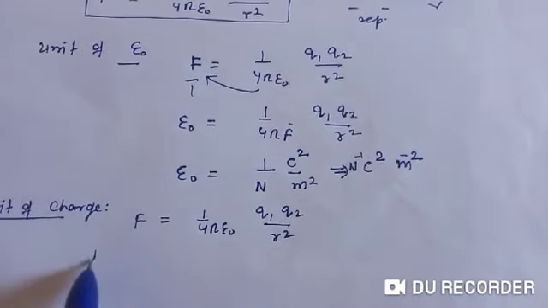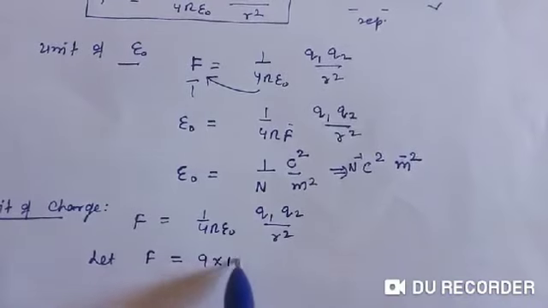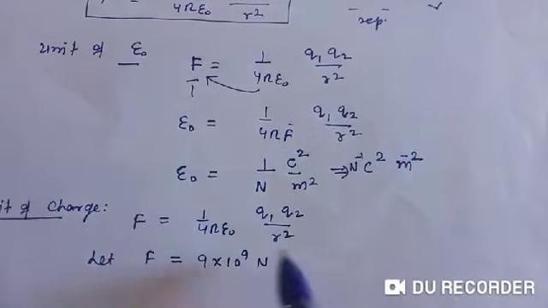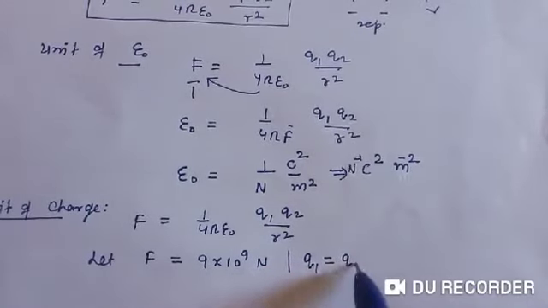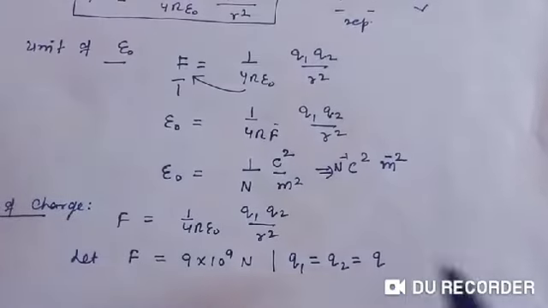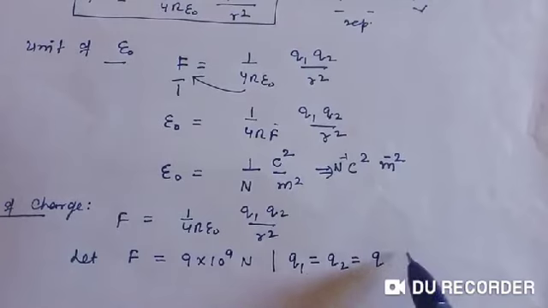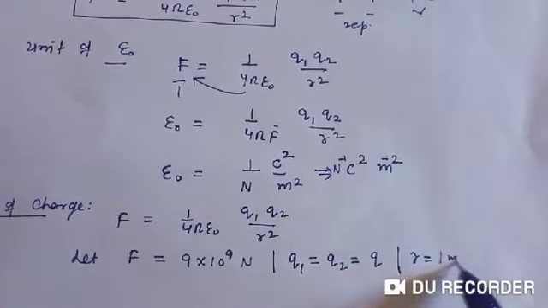Now let the force between the two charges be 9 into 10 raised to power 9 Newton, and both charges are equal and similar, Q1 equal to Q2 equal to Q, and the distance between the two charges is equal to 1 meter, right?